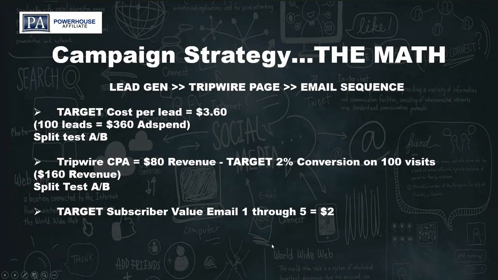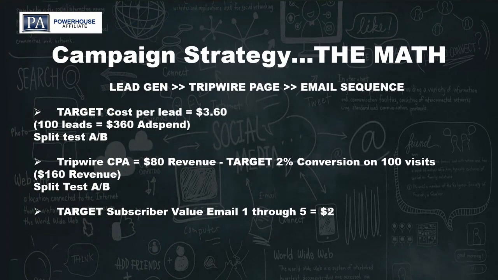And if I set my target value per subscriber at $2, and I think this is highly realistic, especially in diet, okay? Diet is a very lucrative niche once you have leads. $2 per email is very doable. In fact, I could probably get it higher than $2, but these are realistic numbers, based on over 15 years of affiliate marketing experience and data analysis.